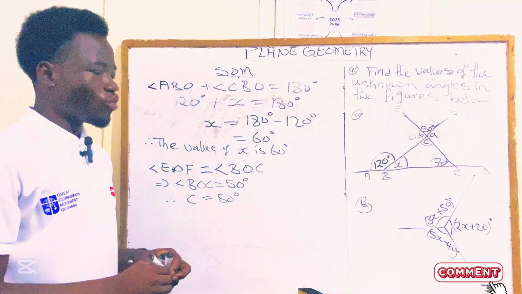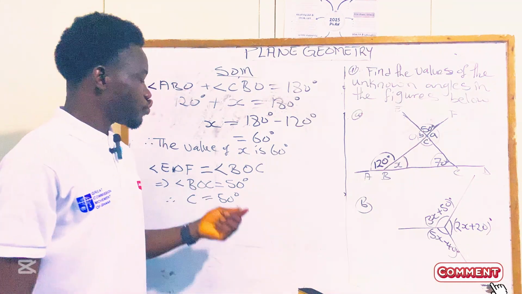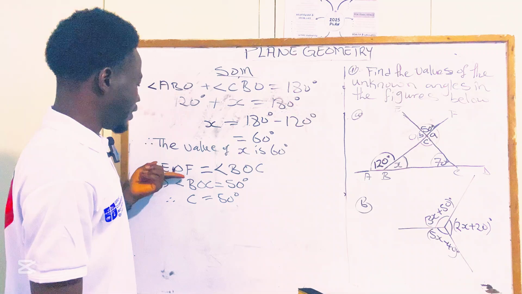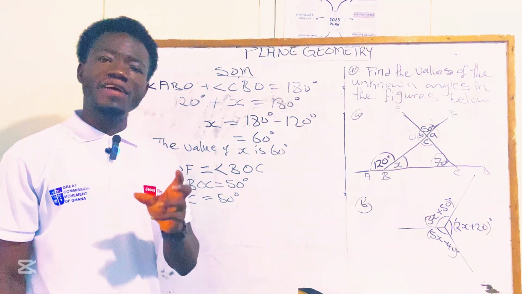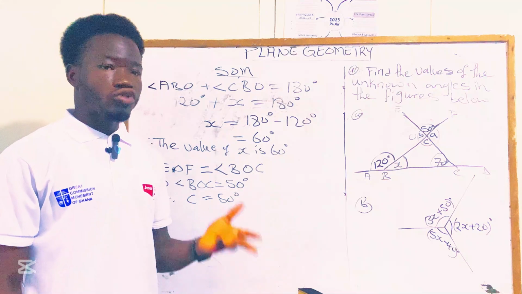Now somebody will be wondering, why is that so? Now the property is key. So once I state that this angle here is equal to this angle, you must give us a reason why you are saying so. And that is the beauty of this particular topic.